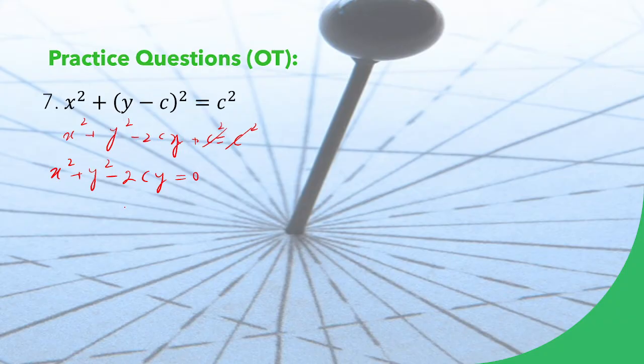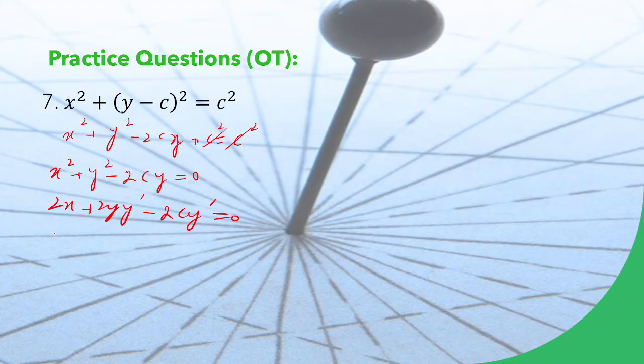Now to find the differential equation representing this family of curves, it is one arbitrary constant, so we will differentiate this first with respect to x and then eliminate c from it. So that is 2x plus 2y into y dash minus 2c y dash is equal to 0.